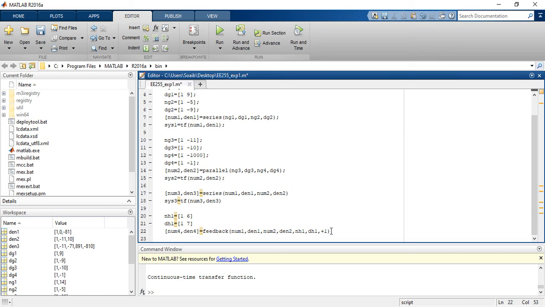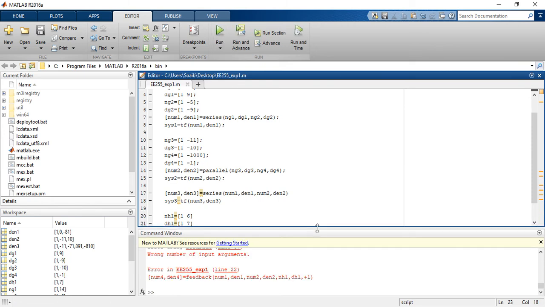Again I want the answer in terms of s, so I will use system 4 is equal to tf of num4, den4. Now I will be running it.